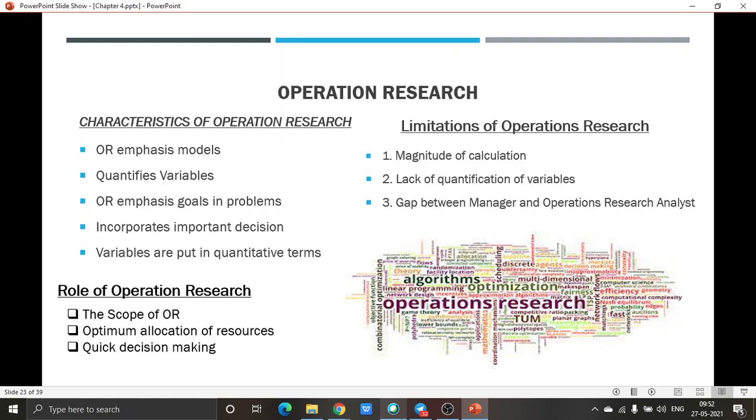Now it shall quantify variables, or the problem it shall convert into numbers to the most extent possible, because only quantifiable data can be inserted into a method so that measurable results can be calculated. The third characteristic is that it gives importance to goals.